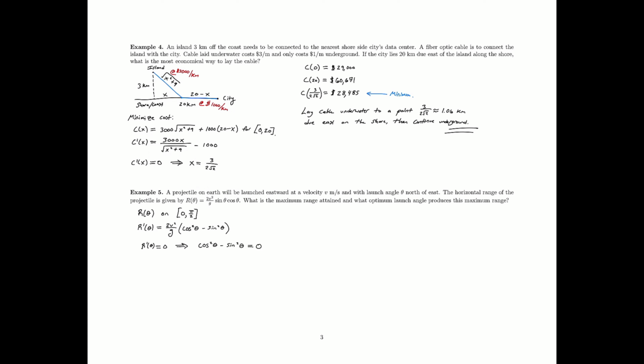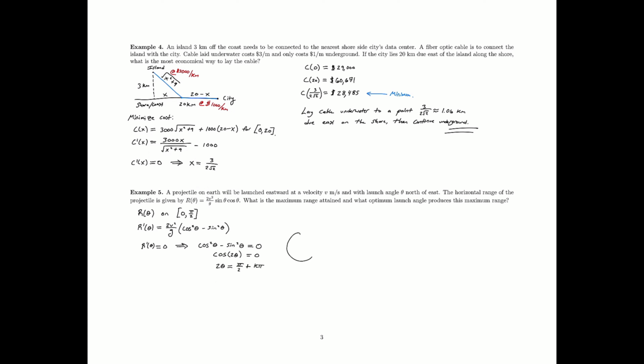equals 0. Now, there's a couple ways you could go about solving this. One way is to know that this is the double angle identity for cosine. And the only time that cosine of an angle equals 0 is when that angle is pi over 2 plus any integer multiple of pi.